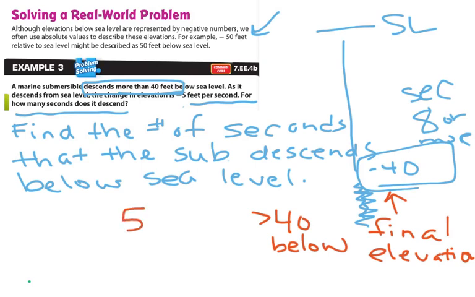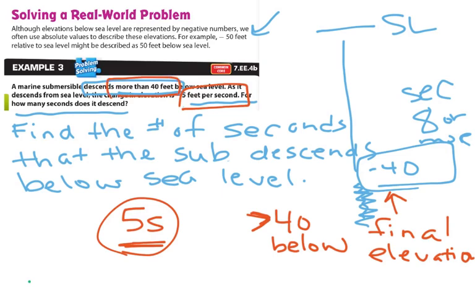So let's do 5s. Do you agree that it's 5s would equal the number of seconds that you would have to go down, 5 feet per second, so we can write it that way, right? And whatever we multiplied these two by has to be greater than 40 feet below. Not even equal to, because it says more than 40 feet.